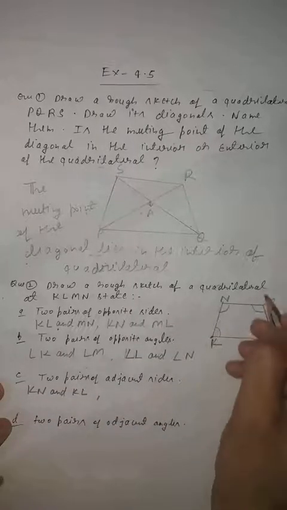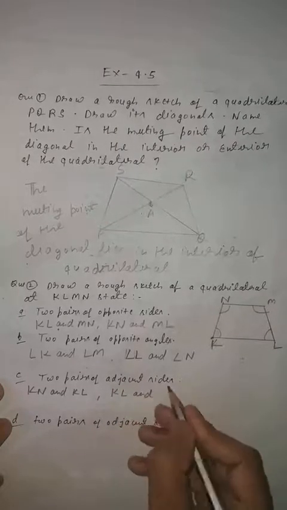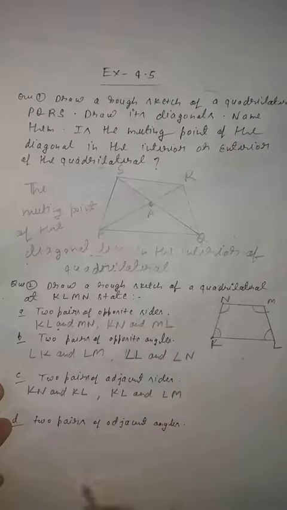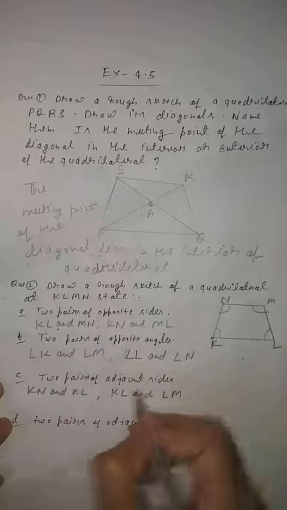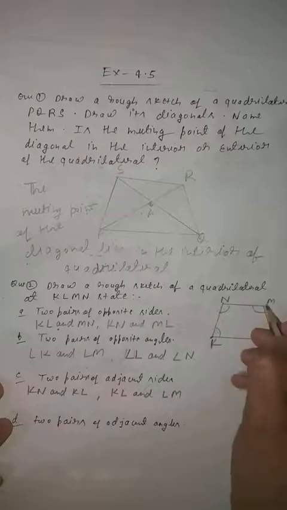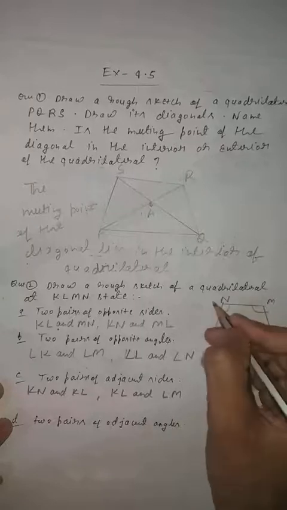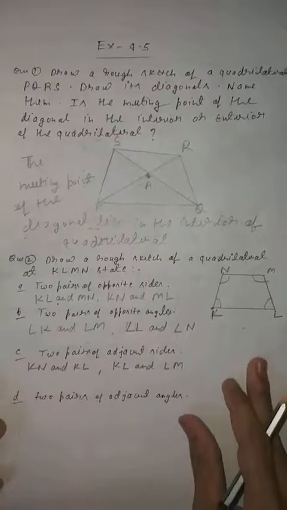KL and LM. Here we want only two. If I want the third one, what will it be? You can write LM and MN. Fourth one, MN and NK. Clear, students?